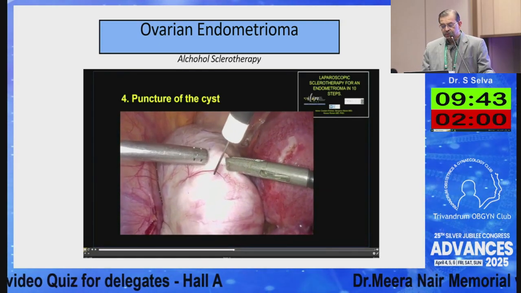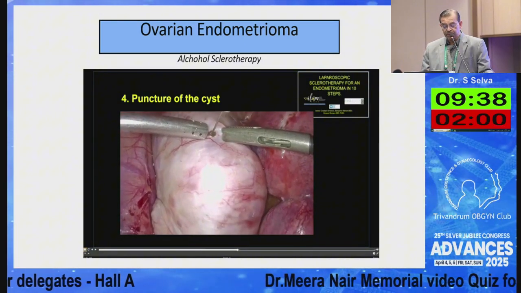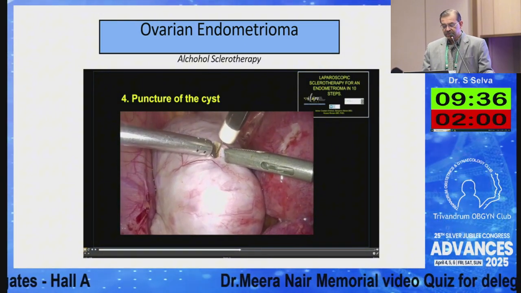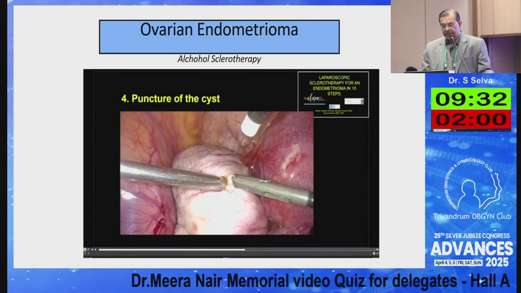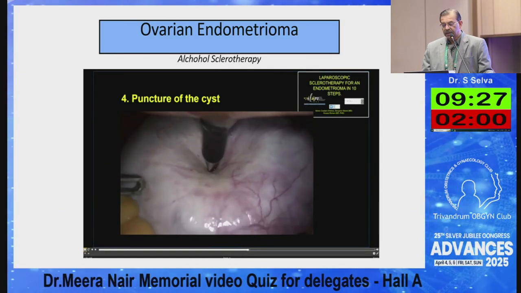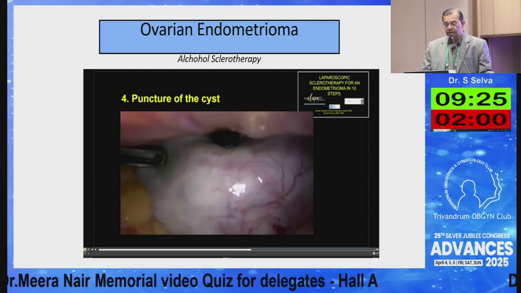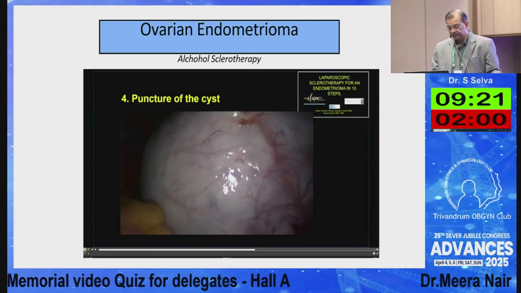So what you will do is puncture the cyst at the area that is closest to you. You can puncture with a diathermy needle and then aspirate, or in another way you can do a direct puncture of the cyst, and then you flush the cyst and remove all the cyst content.